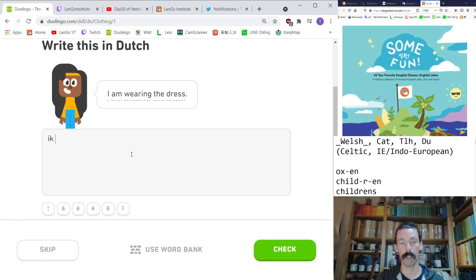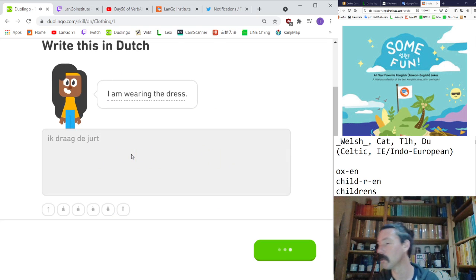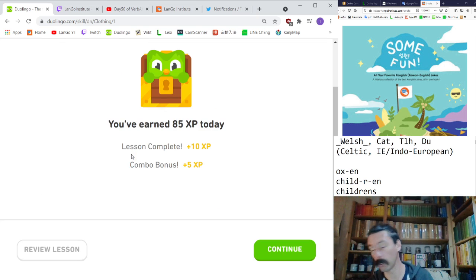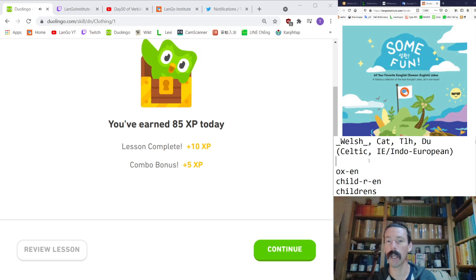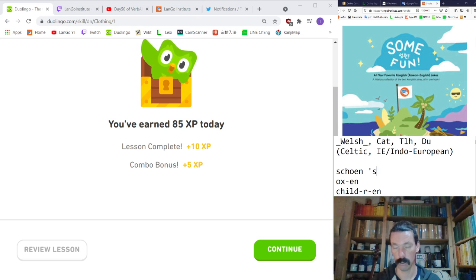Ik draag, with a zero ending here for first person, de schoen. Schuhe is plural. So these nouns have been reformed a little bit. A single schoen, that's singular shoe in Dutch, looks plural to us.